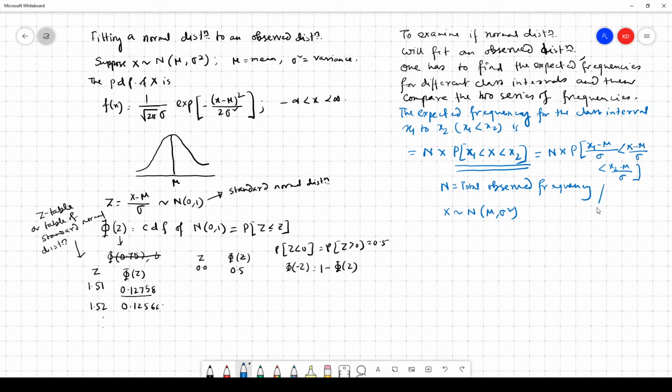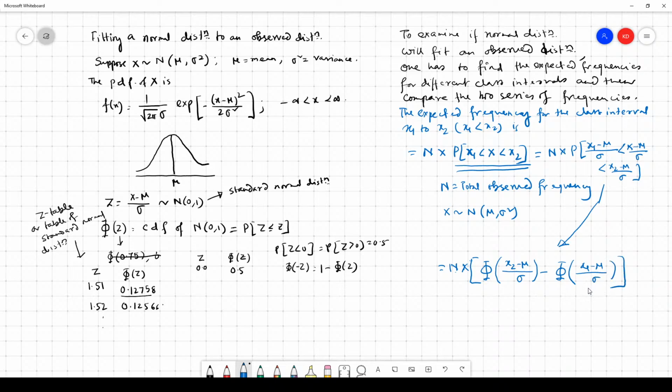So this is equal to N into phi((x2 minus mu) by sigma) minus phi((x1 minus mu) by sigma).